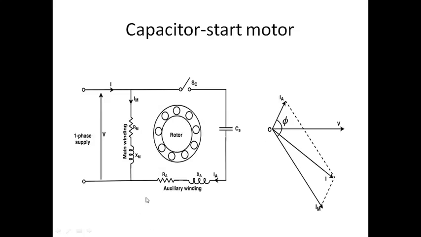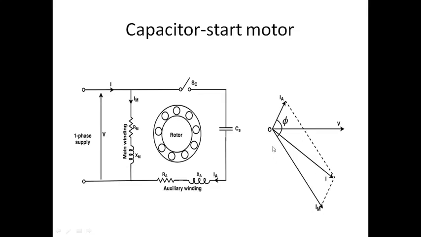This is your diagram, and you can see the capacitor added. Here your torque is more. After attaining 70 percent of rotation, the switch is disconnected.